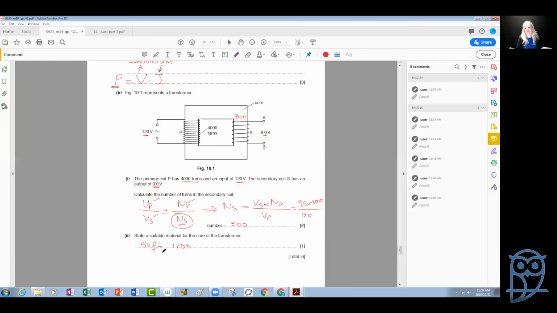Soft iron is the best because the current in the primary is alternating current and keeps on alternating, so the magnetization of the core has to change very easily. That is why the best is to use soft iron. Soft, obviously, in a magnetic sense, not in the sense of mechanical properties. It's magnetically soft. It's easy to change its magnetism.